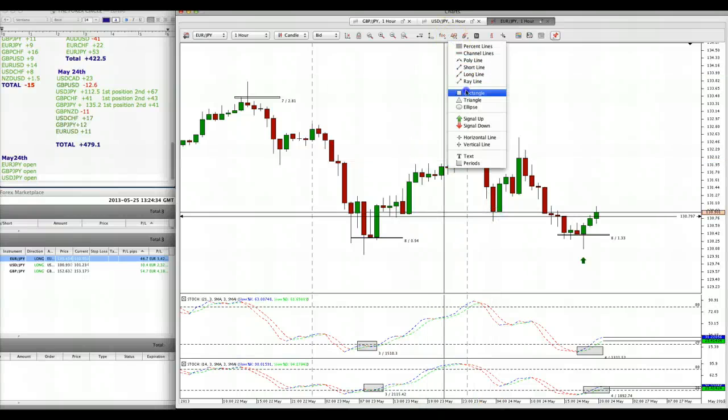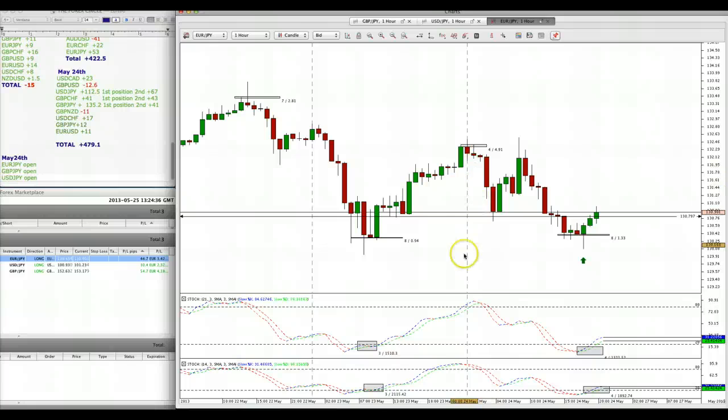Now I qualify the trade. I've got a color change candle. I've got the stochastics indicator both on the 21 and 14 overbought, and there's your trade.